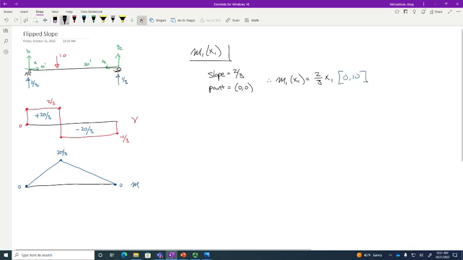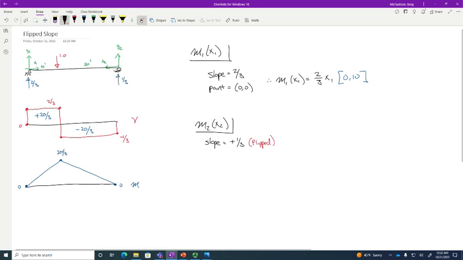So for m2, what's the slope of this line? Originally, it was minus 1/3. We're going to say it's plus 1/3 because we flipped our coordinate system. So the slope is plus 1/3. I'll say flipped.